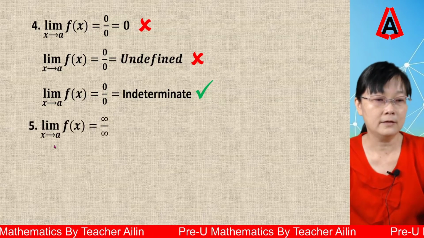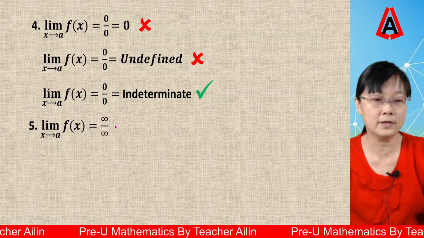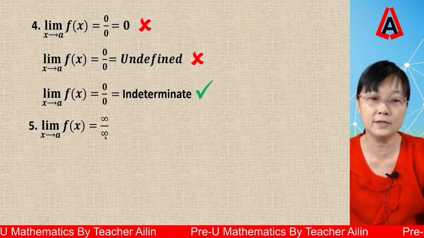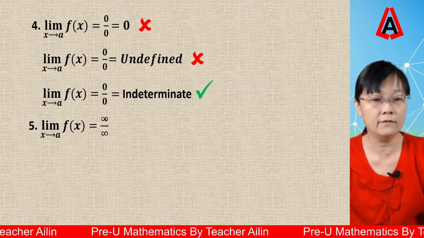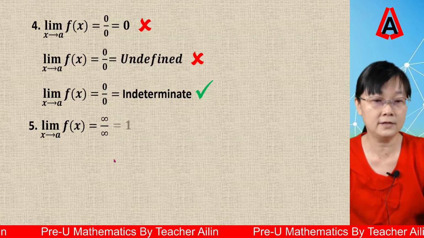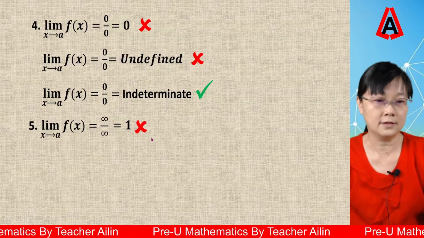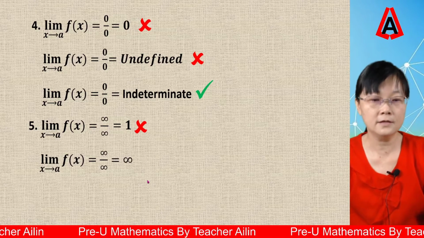And same thing, when we find the value of a limit, sometimes we come to the answer that the answer is infinity over infinity. So what is the value of infinity over infinity? Is that equal to 1? No, it is not the correct answer. And is that equal to infinity?